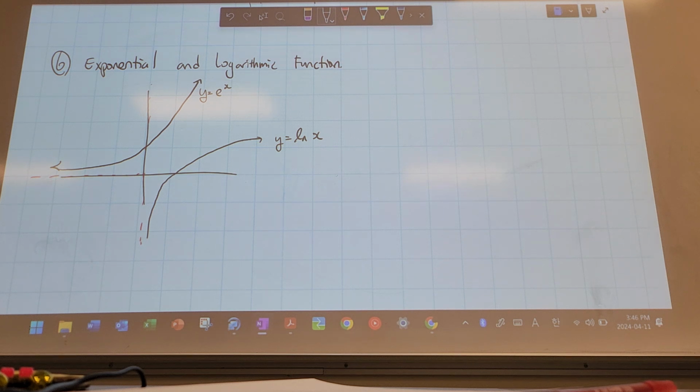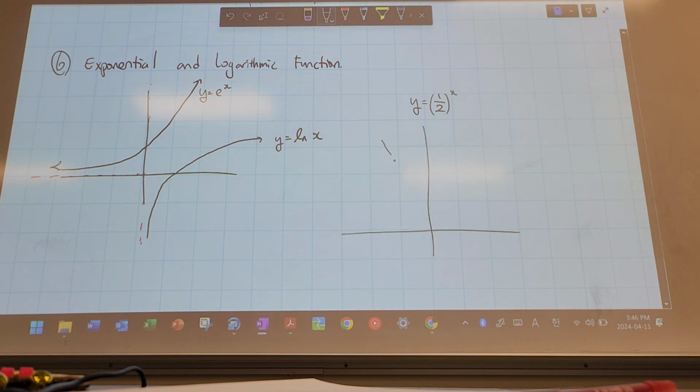One thing to note is that depending on the value of the base, the function can change the direction it's facing, right? For example, if I want to graph y equals 1 over 2 to the power of x, then I think the function looks like this kind of style.